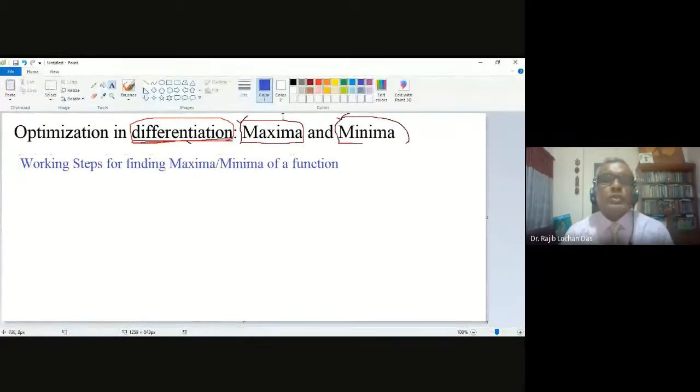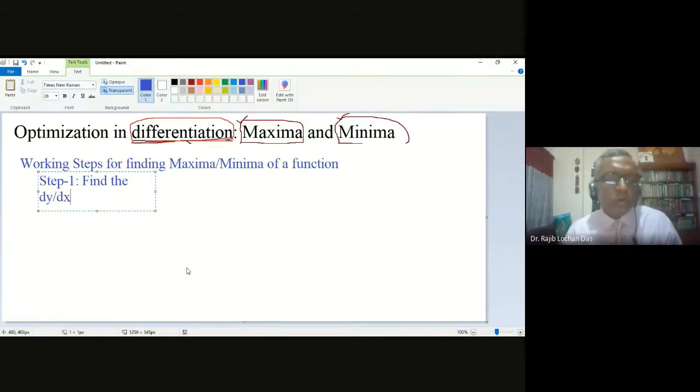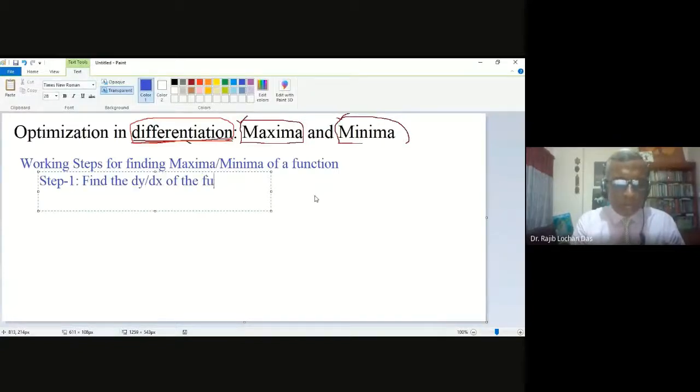So step number one, what you will do. Let me just type, that will be better. Step number one: find the first derivative, that is dy dx, of the function given.